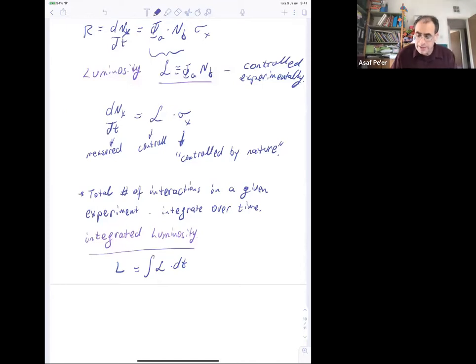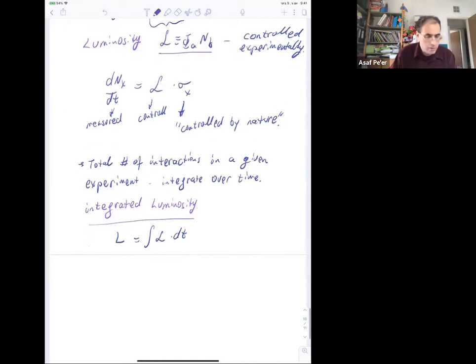And then one last comment is that we said that the relevant unit for cross-section is the barn. The barn is 10 to the minus 24 centimeters squared.